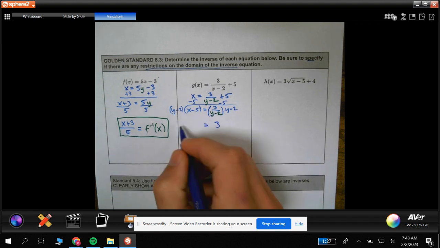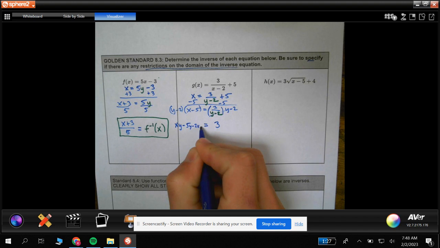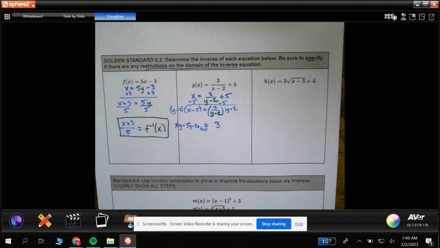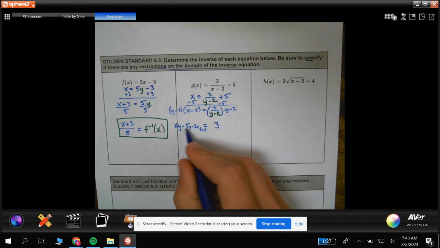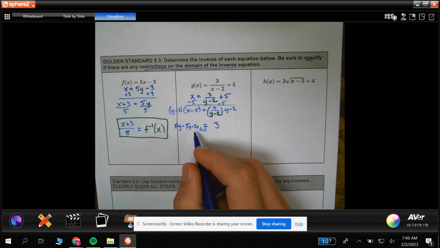And on this side, xy minus 5y minus 2x plus 10 equals 3. Again, this doesn't really seem like I'm getting somewhere, but if we can get just the y pieces over here, I bet we can factor stuff out.